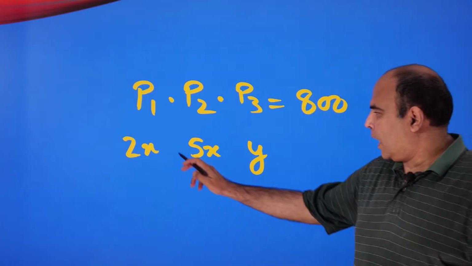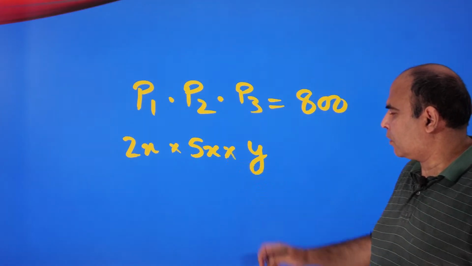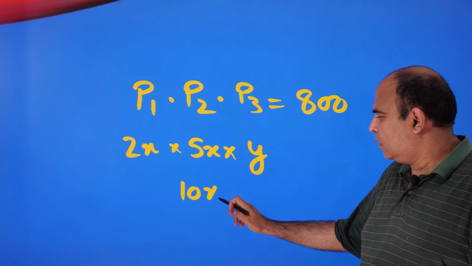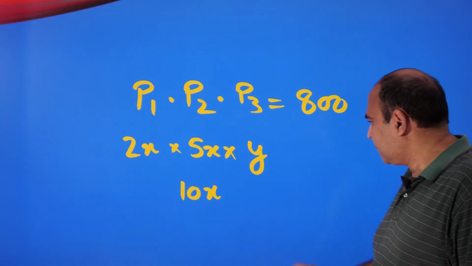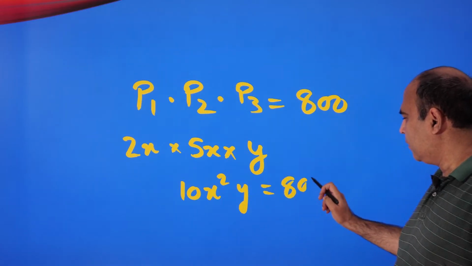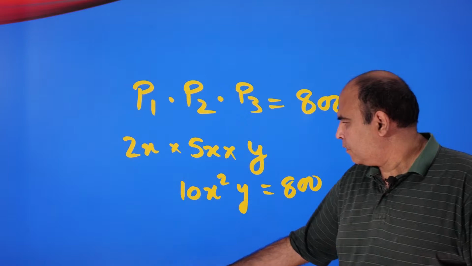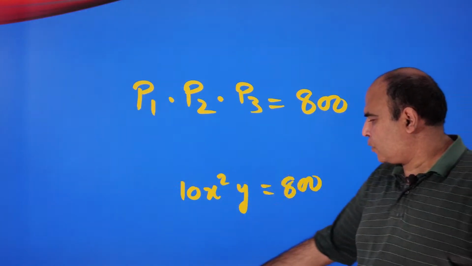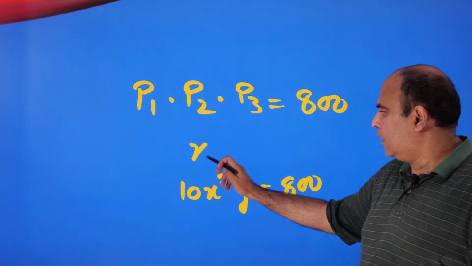The obvious algebraic reaction to do is the product of this, and when you do the product of this, you get 10x square y. 10x square y is equal to 800, which then refines my situation into x square y as 80.